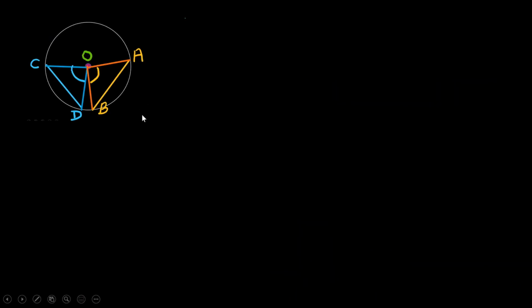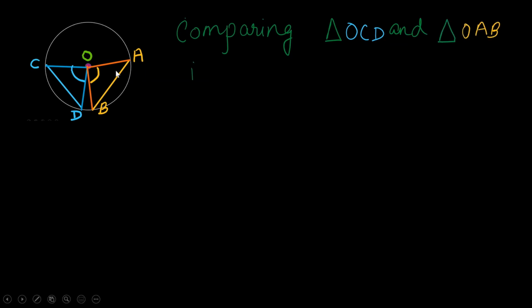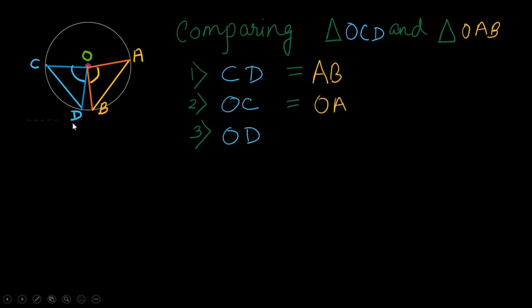Let's see how we can prove it. So this is the given diagram. We'll compare the two triangles, triangle OCD and triangle AOB. We see that there are three points we can think of. The first is CD is equal to AB, it is given. The second thing is OC is equal to OA is equal to OD is equal to OB. Why?